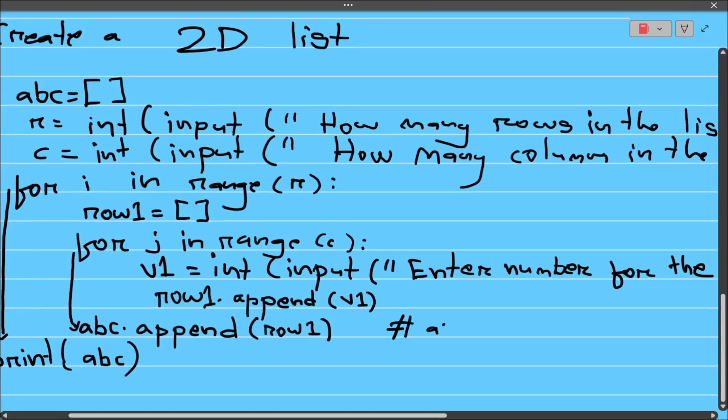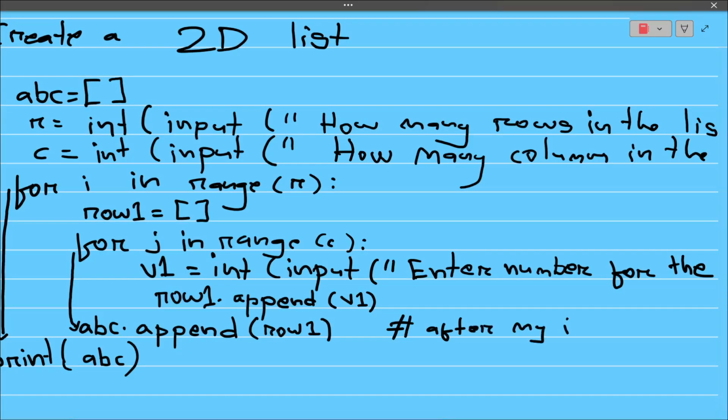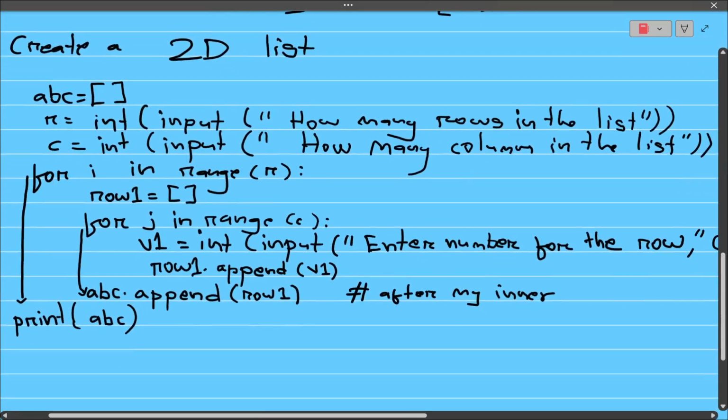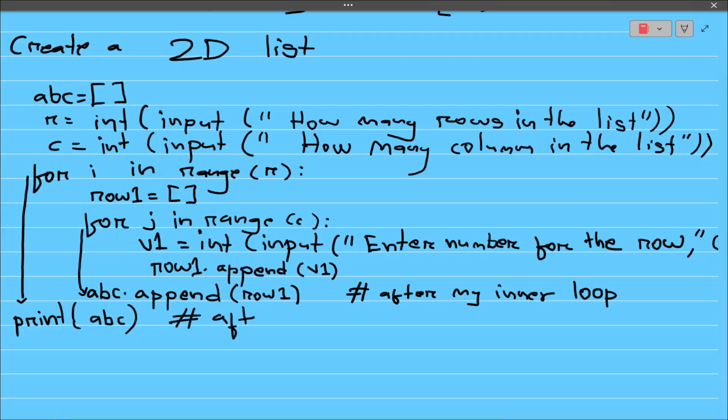Sorry, after my inner loop. So this ABC dot append has to work after my inner loop, and this ABC print, this is just the comment I'm writing, has to work after my whole loop is complete, or after my outer loop. That means when my whole loop is completed.